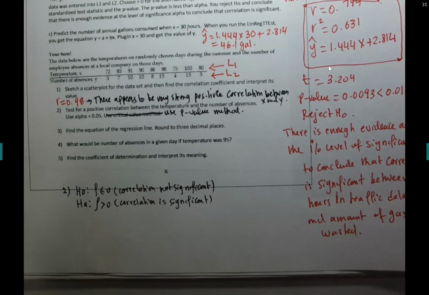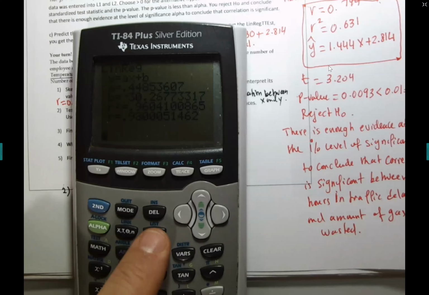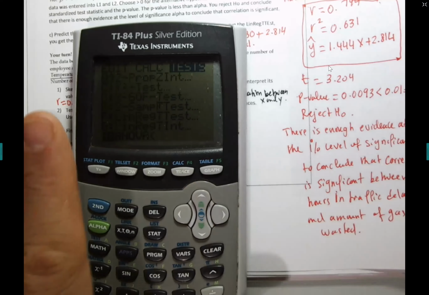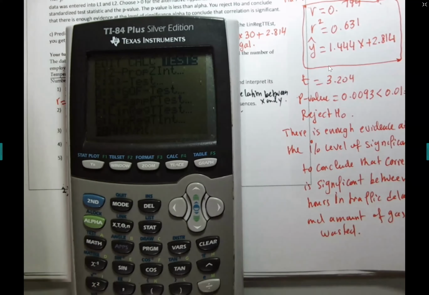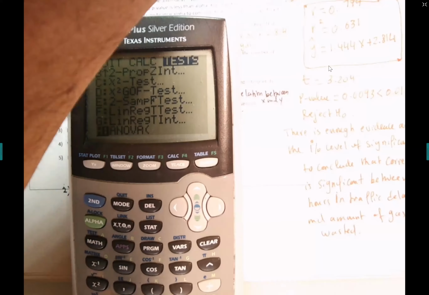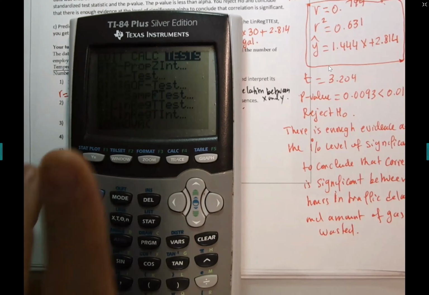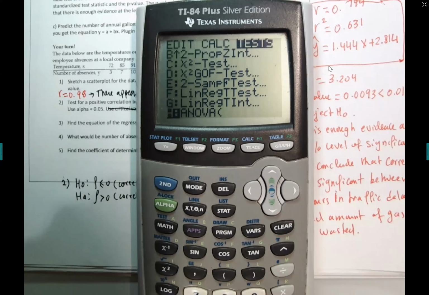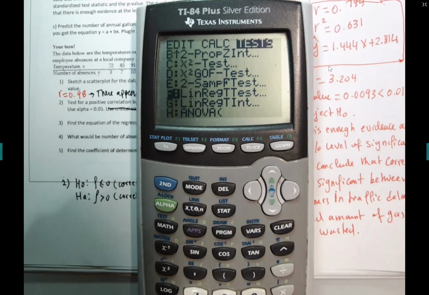Okay, I'm ready to use the calculator. There's nothing to do by hand here. So stat, tests, scroll up, guys. All right. And you can see F, take a note, it's F, linear regression t-test.